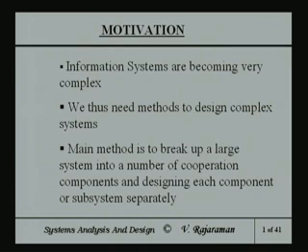Each component can be designed independently, but they should be able to cooperate. In order to cooperate, they must have some properties. Those are the important properties which will distinguish an object from, say, a subroutine or a function.